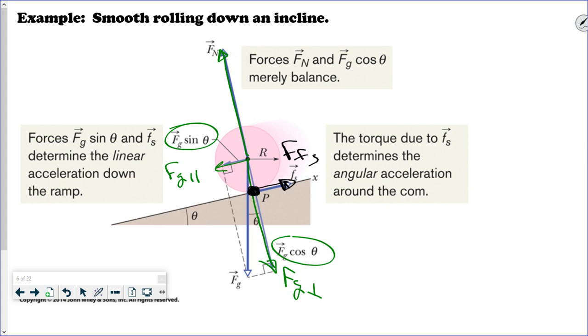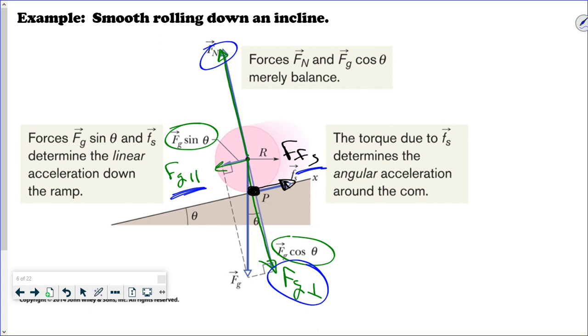Now, notice our Fg perpendicular and our normal force cancel, so our net force is simply our Fg parallel plus our force of static friction, or minus, depending on how you set up your signs. But it's the contribution of those two forces.